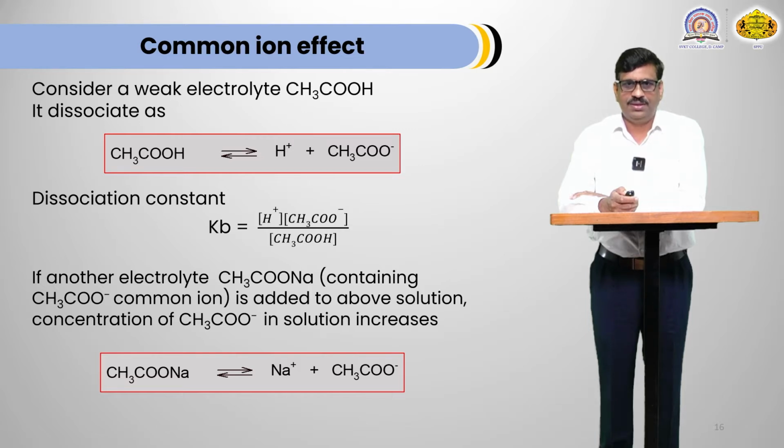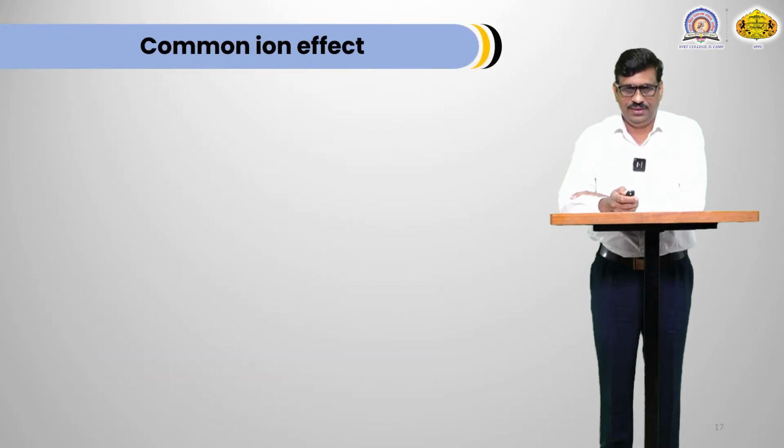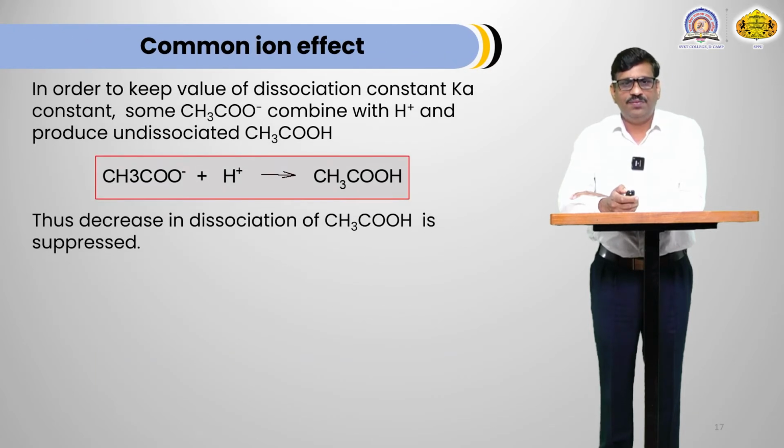Because of this, the concentration of acetate ion in solution increases. To keep the value of Ka constant, some of the acetate ion combines with H+ and there is formation of undissociated acetic acid. Thus, the degree of dissociation of acetic acid is suppressed. This is the common ion effect.